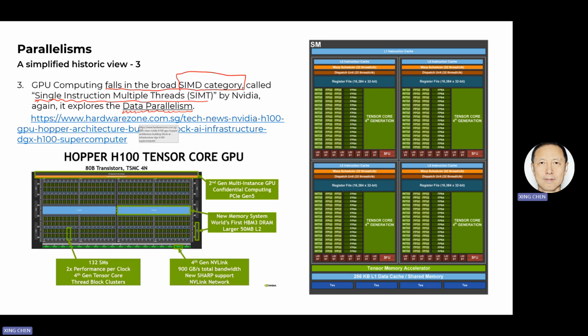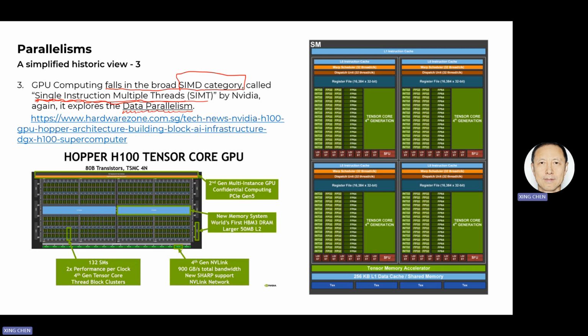You have to explore data parallelism, and start from day one. The GPUs are doing the same. The technology is called single instruction multiple threads. Conceptually, it's the same thing as single instruction multiple data.